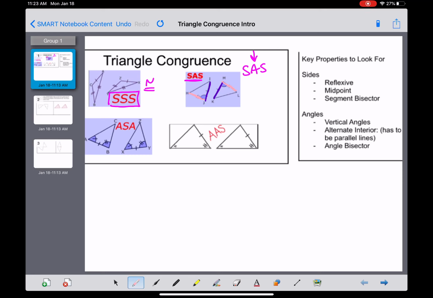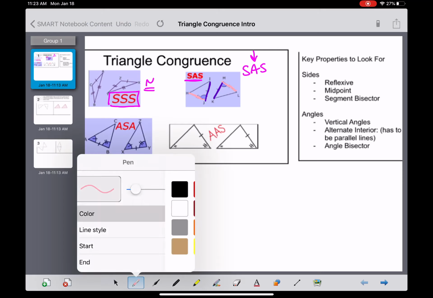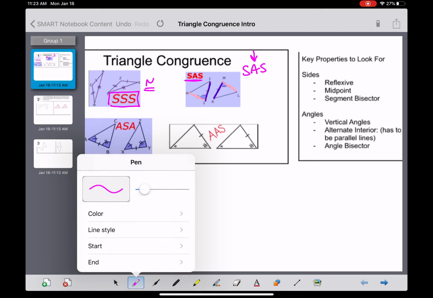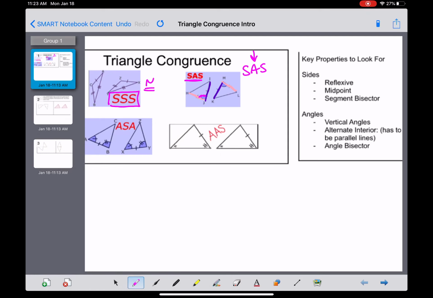I know that because of the tick marks. Notice that the angle is made up of my two colors. That's what we call the included angle. It's in the middle. So if we can show that side, angle, side, if those corresponding parts are congruent, then we can say that the triangle is congruent.